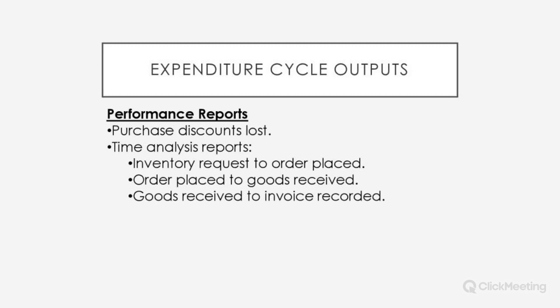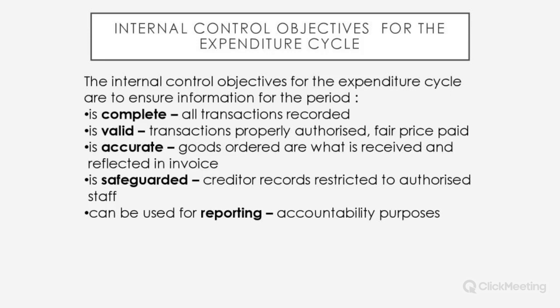Then moving on, we will look at the internal control objectives. Internal control objectives in the expenditure cycle are the same as for the revenue cycle, but they work on, of course, the expenditure cycle. So the objectives are: transactions should be complete, that is, all transactions are recorded.